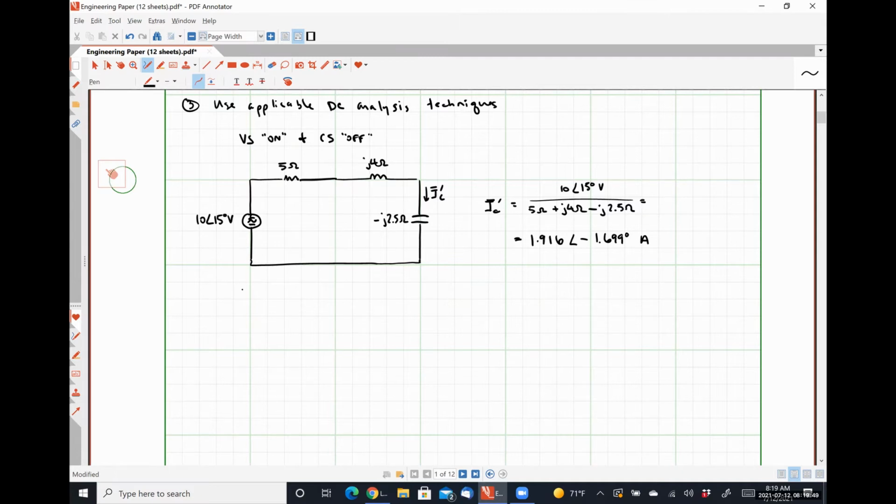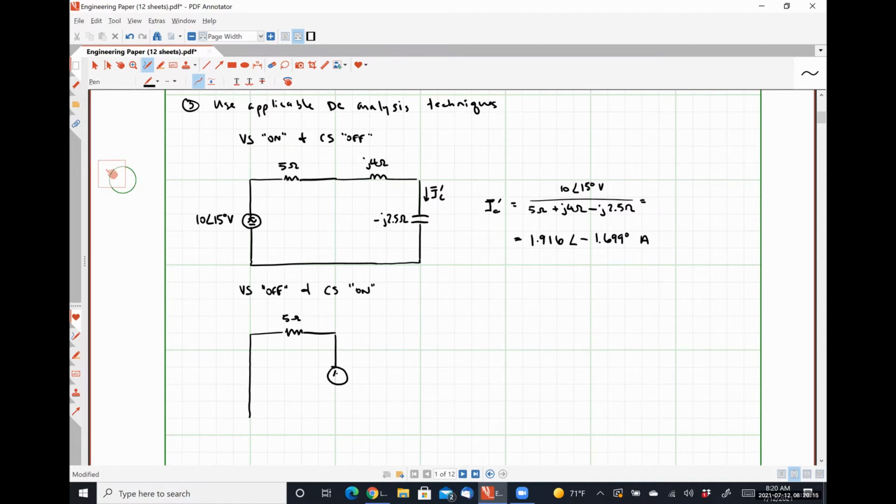So now we'll analyze this circuit with the voltage source off and the current source on. To turn off our voltage source, we replace it with a short circuit. We have our 5 ohm resistor.